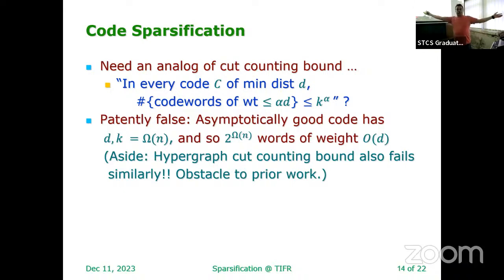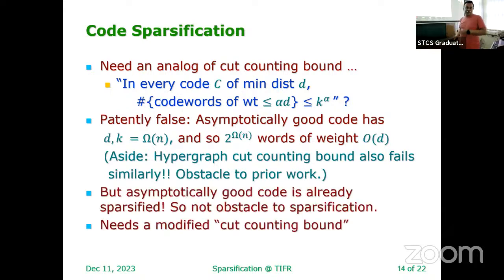You take codewords of weight at most n, well, that's still order of minimum distance. There are exponentially many of those, whereas the cut counting bound will only allow polynomially many of those. This is also a very good reason why we never actually considered sparsifying codes. The reason that we ever wanted to build codes was because they should be asymptotically good, and asymptotically good codes don't need any sparsification. They're already pretty sparse.